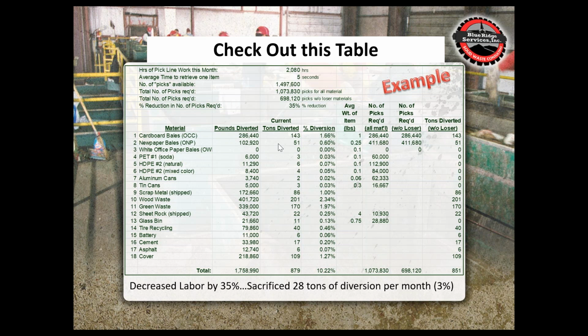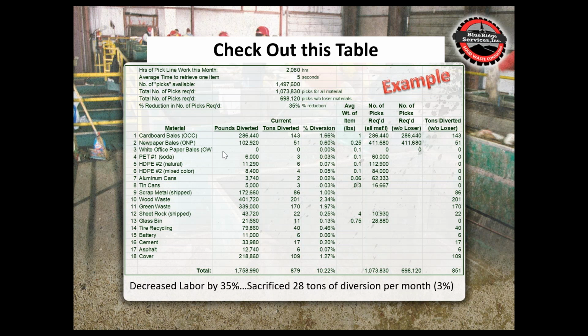So essentially, we did a study and we evaluated how many picks, that's manual grabs off the pick line by your laborers, how many picks to extract certain types of material, how many pounds per pick on average, and what we were able to generate with that.